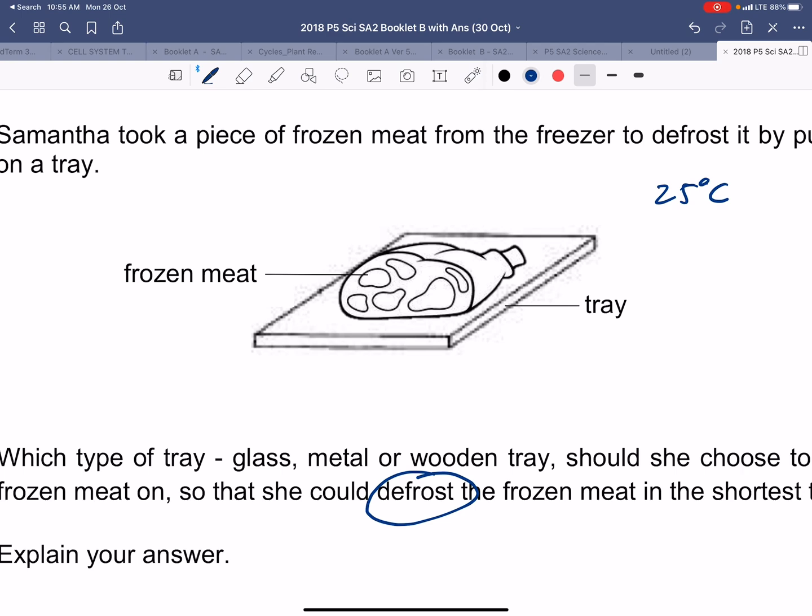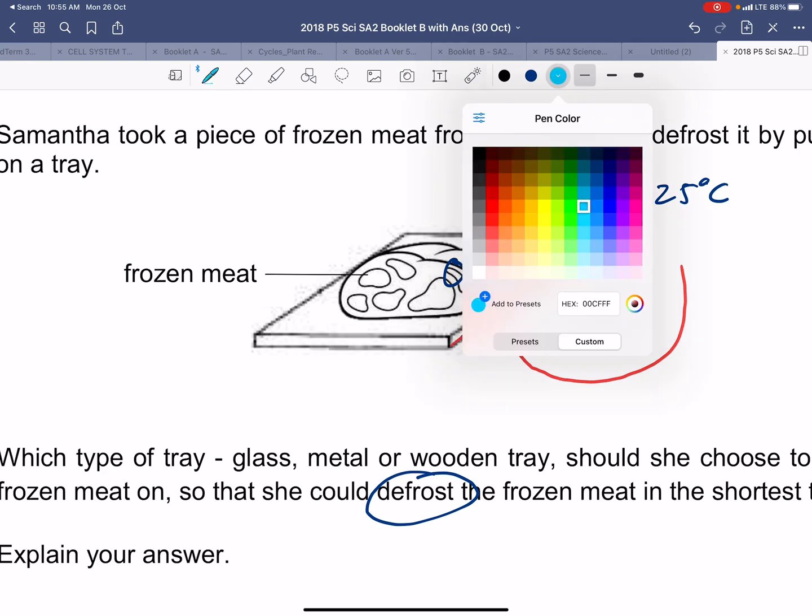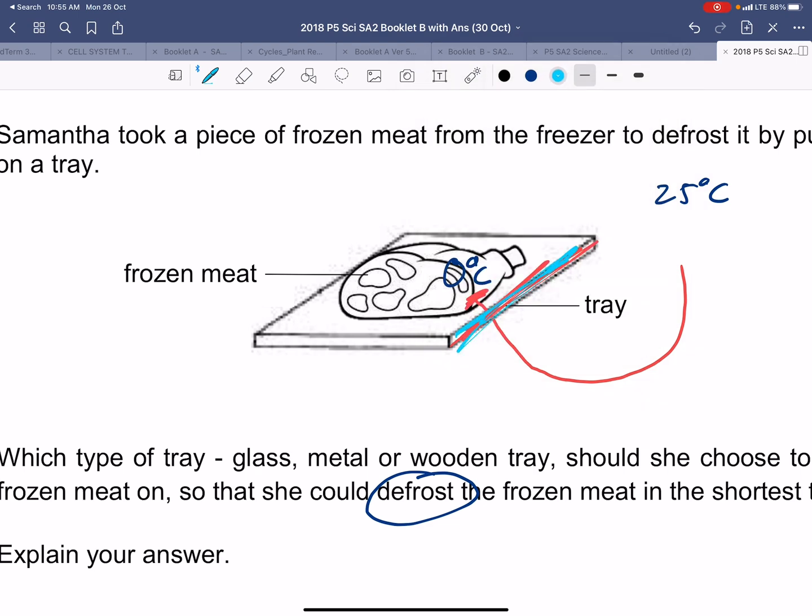But I know that my meat is frozen, so that's 0 degrees, right? So based on it, I know that the heat from the surrounding would have to be lost to my meat. And while it's going into my meat, it has to go through this tray here, which I'm going to color in blue so that you can see, before it's being lost to my meat. In other words, my meat needs to gain heat in order to defrost.